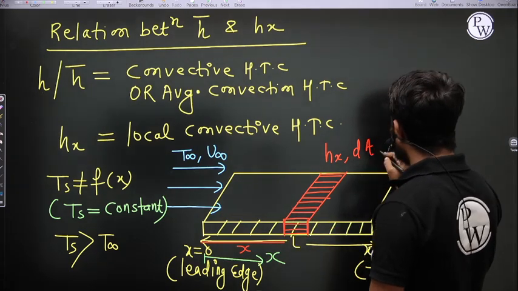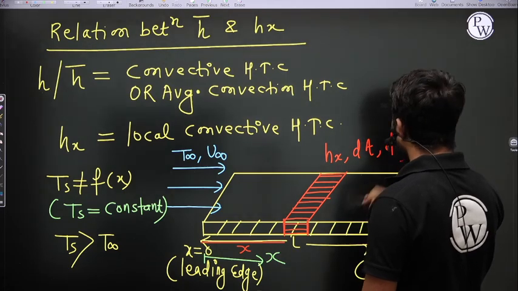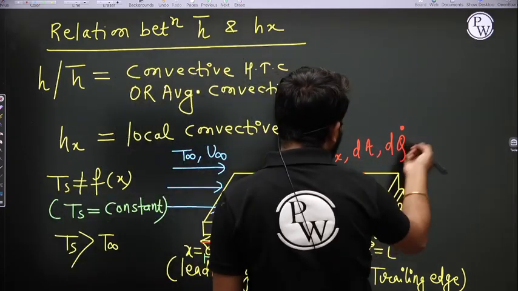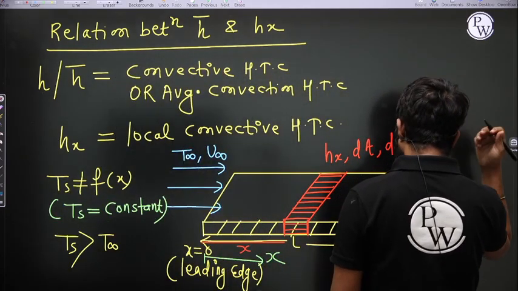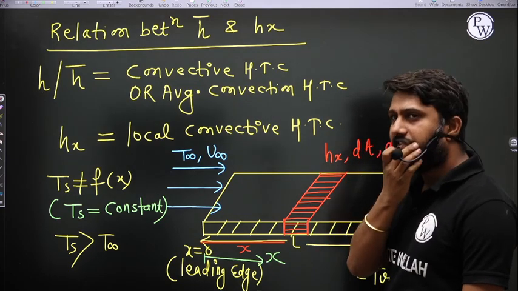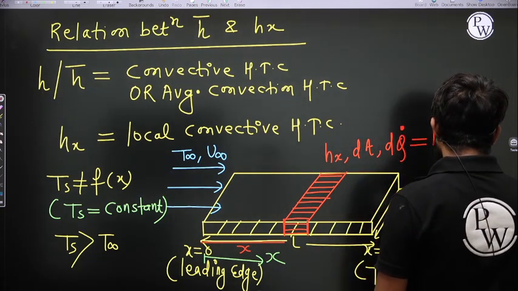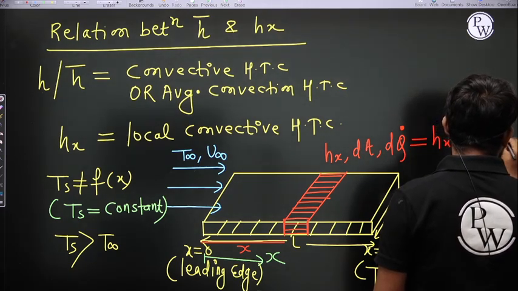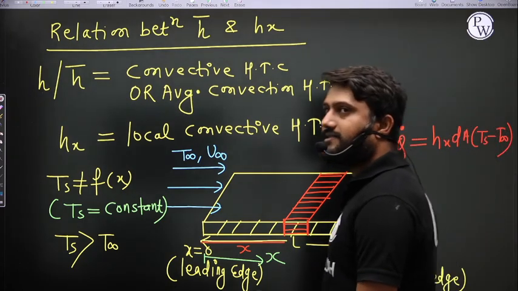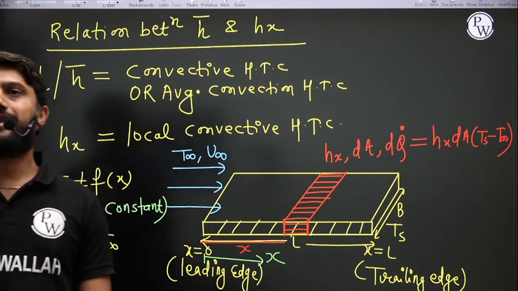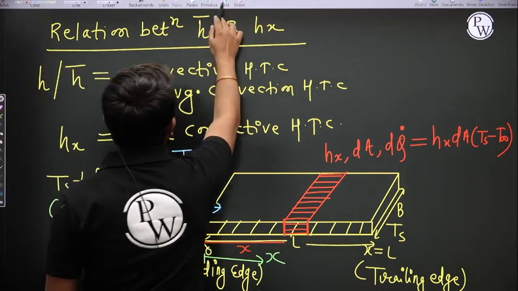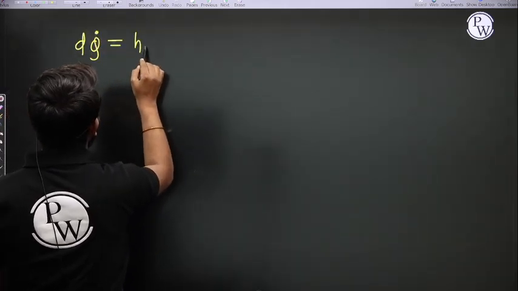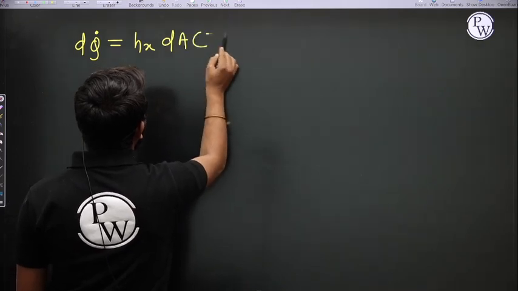So from this small element, the rate of convection heat transfer is dq dot. What is the dq dot? This is a small elemental convection heat transfer, that is hx dA, and Ts minus T infinity.